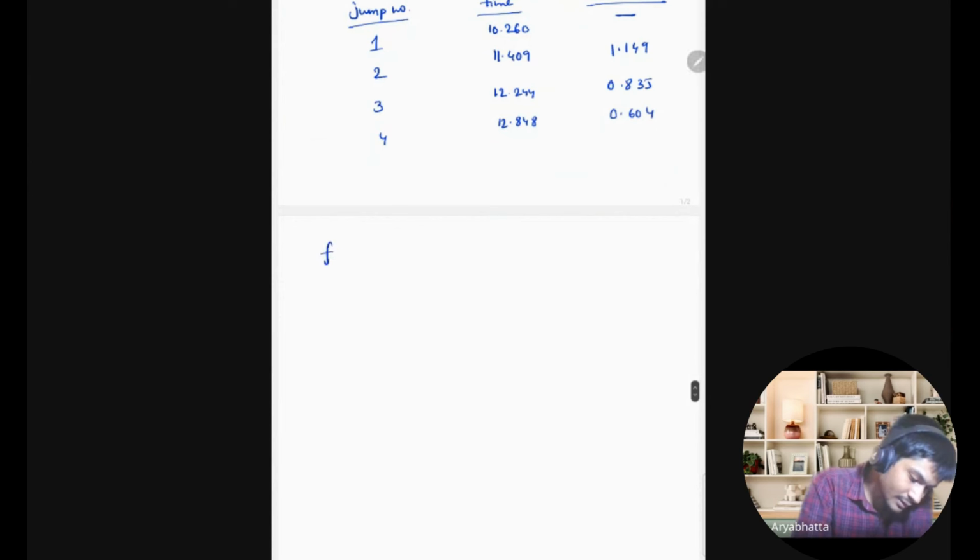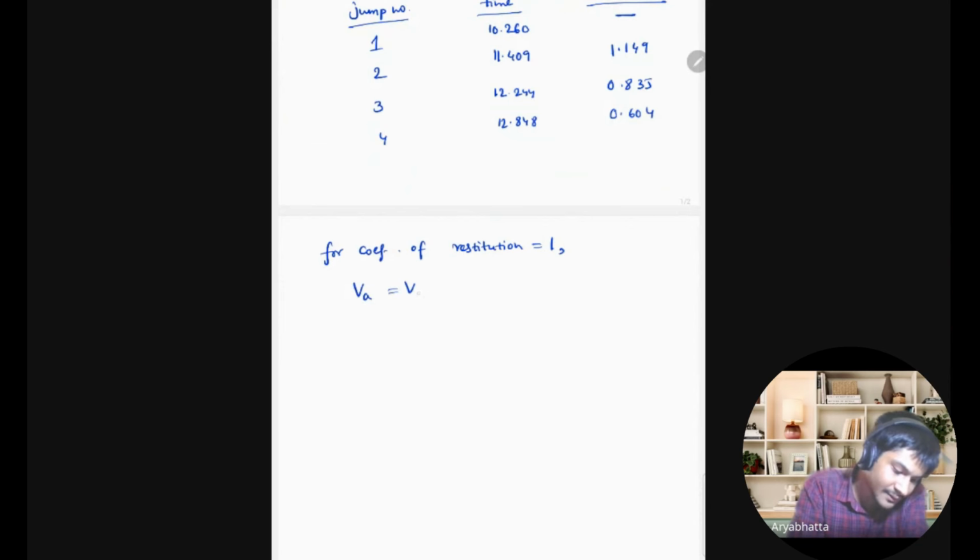For the coefficient of restitution equal to 1 scenario, our velocity of approach will be equal to the velocity of separation. That means that if the ball hits the surface at some velocity v, it leaves the surface with the same velocity.